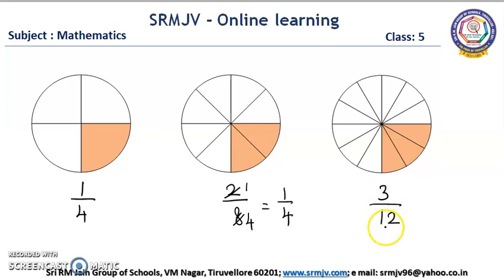We are reducing 3/12 by the 3 times table, by the 4 times table, so the value of the fraction is 1/4. 1/4, 2/8 and 3/12 are fractions with different numerators and denominators, but the value of the fractions is the same. So, we can say that 1/4, 2/8, 3/12 are equivalent fractions. Is it clear, children?